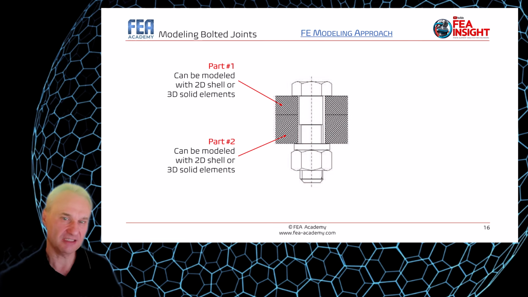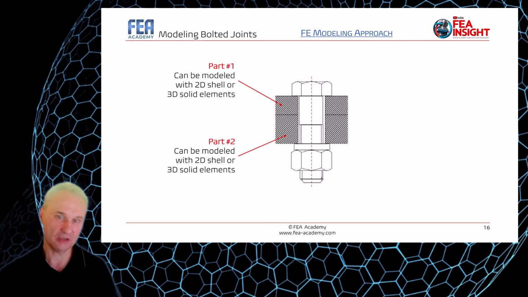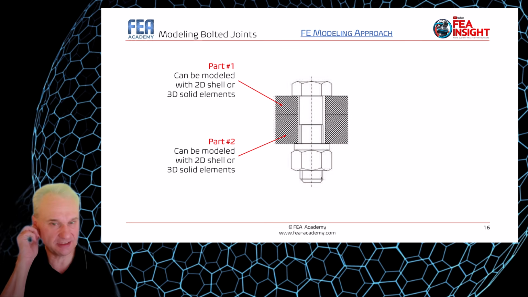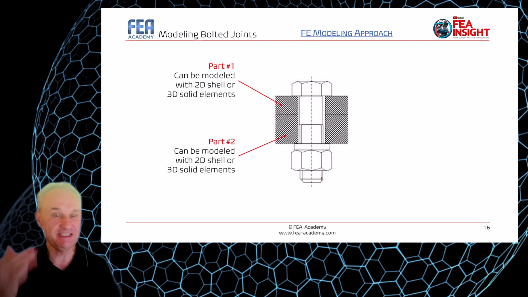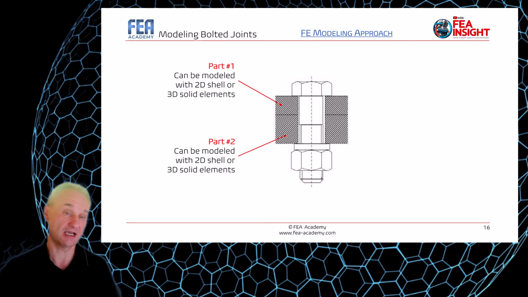Very different methods are used for the finite element modeling of bolted joints. First, the joint parts can be modeled with shell or solid elements. It depends on the nature of your model, and on the assumptions you made at the very beginning when you create the model.